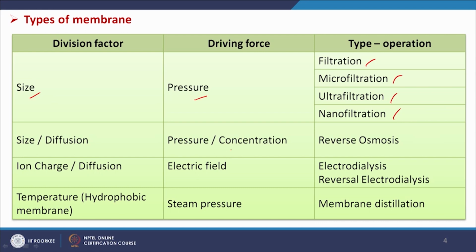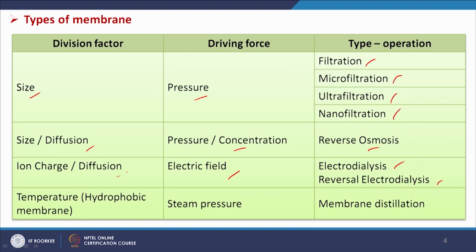When pressure and concentration are responsible, we can have the process of reverse osmosis, where size and diffusion are both separation factors. And when we use an electric field as the driving force, we get electrodialysis and reversal electrodialysis. In that case, ion charge and diffusion are both considered as separation factors.